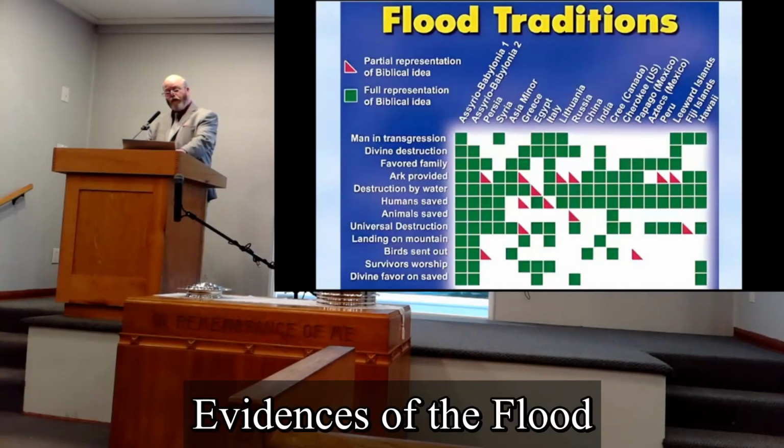And the weirdest one to me is on the left-hand side, those two columns going down. Those are both different Babylonian cultures, and I don't know the difference between the two because it says Assyrio-Babylonia 1 and Assyrio-Babylonia 2. I'm just going to count it as Babylon and not worry about it.